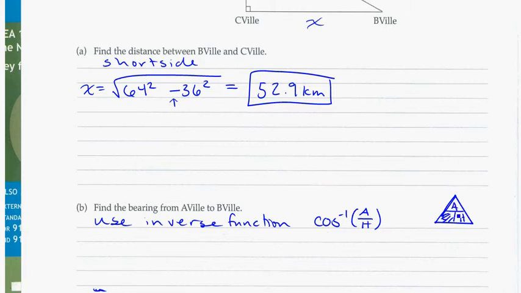Looking for the angle, we need A divided by H. So cos inverse of A over H is going to be 36 over 64. If we plug that into our calculator, we get 55.8 degrees.